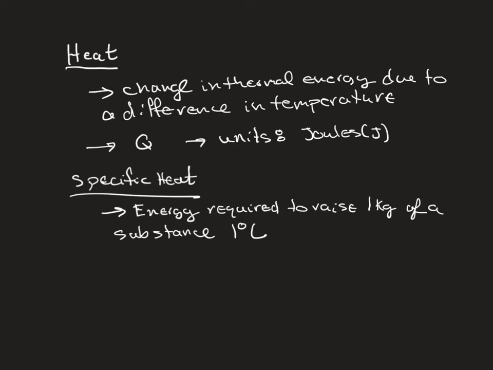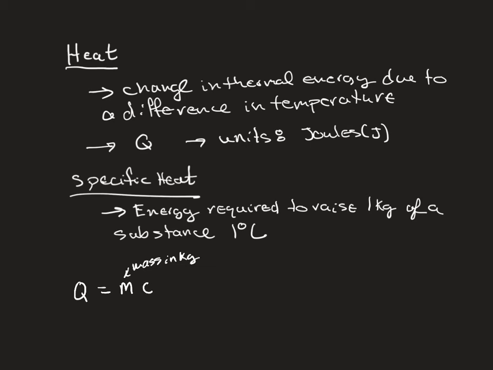Now that we have discussed specific heat, we can learn how to calculate heat, or that change in thermal energy due to a difference in temperature. We're going to say heat is equal to mass, so this is mass in kilograms, times specific heat.